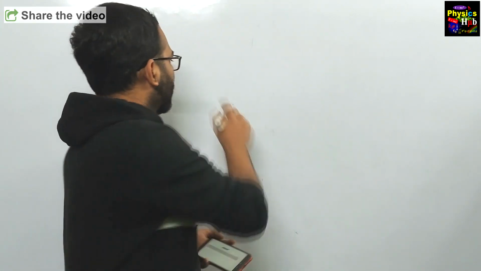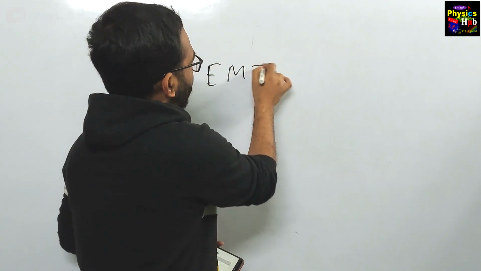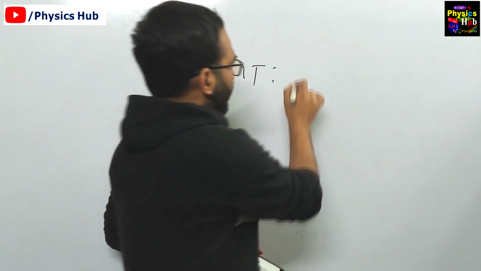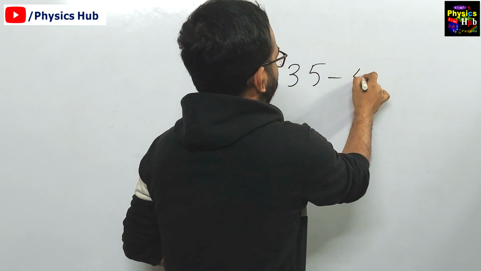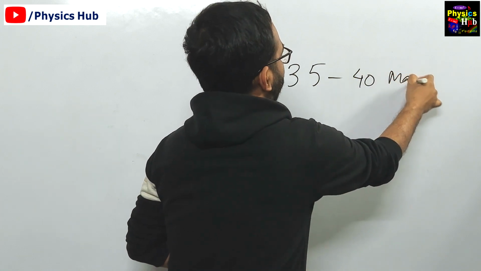Before we start preparing for a subject in CSIR-NET physical science, we should know the weightage of that subject. For electromagnetic theory, you can expect around 35 to 40 marks. It varies actually.